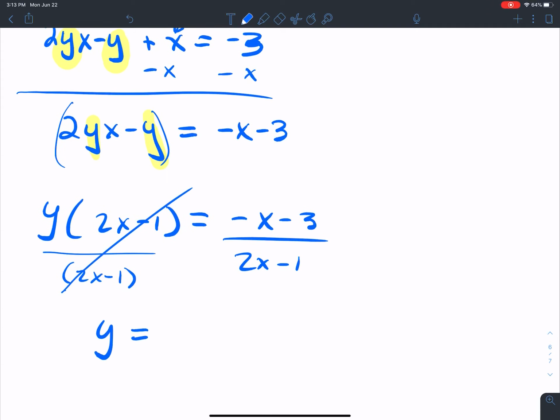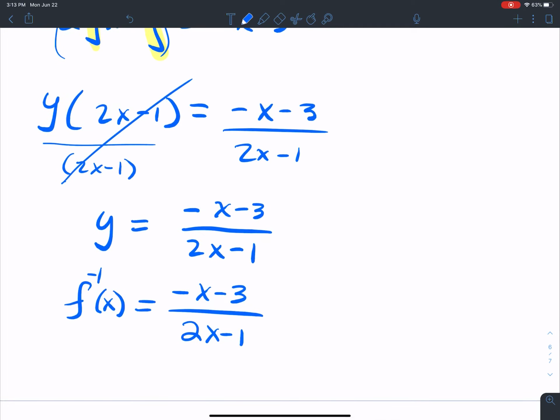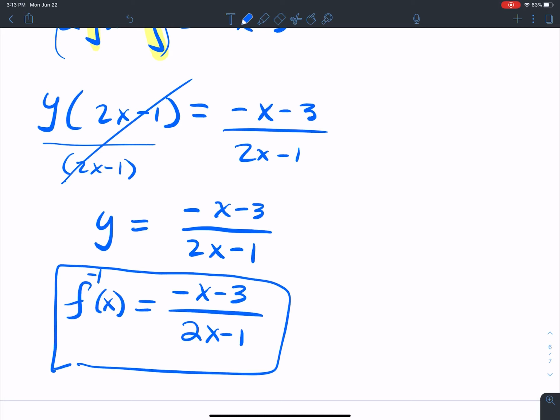So y is equal to (minus x minus 3) over (2x minus 1). And so I'll replace y with f inverse of x, and I have my new function. So that's f inverse. And f of x was (x minus 3) over (2x plus 1).